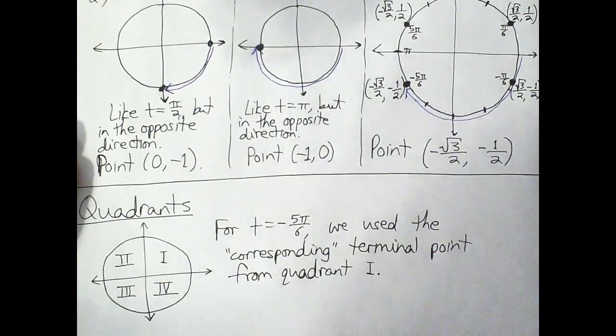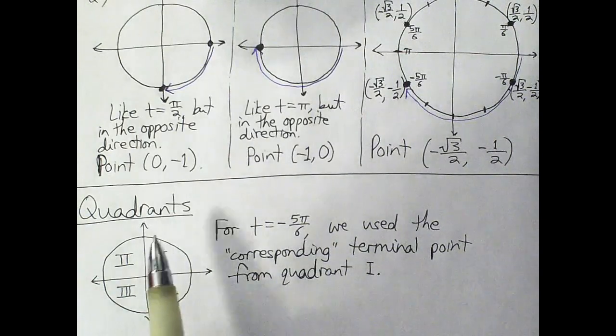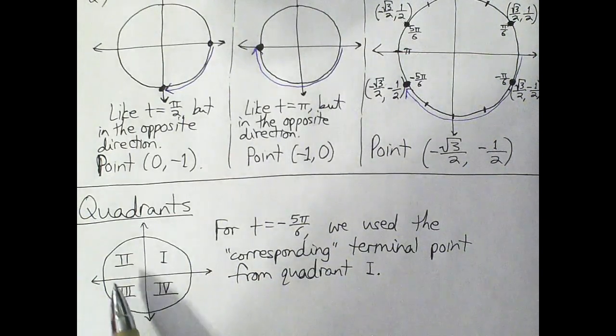I feel like to solve that problem, I used what we knew from that list of common terminal points. That list of common terminal points is entirely in quadrant 1. And what I'm saying now is that you can use those to help you figure out things that are in the other quadrants. Quadrant 2, quadrant 3, quadrant 4.